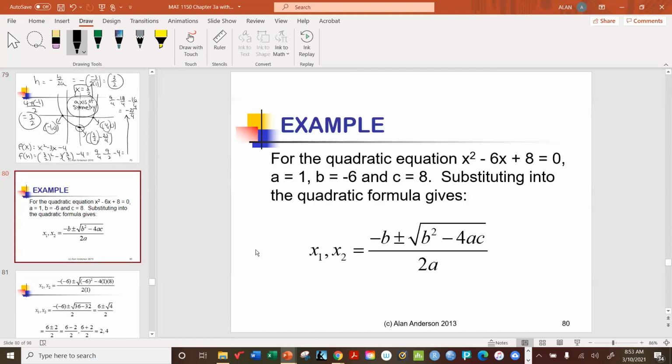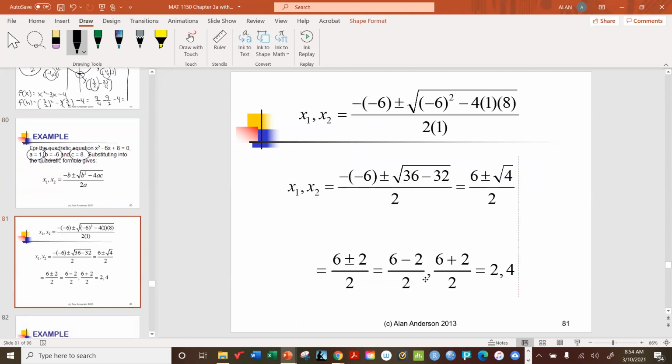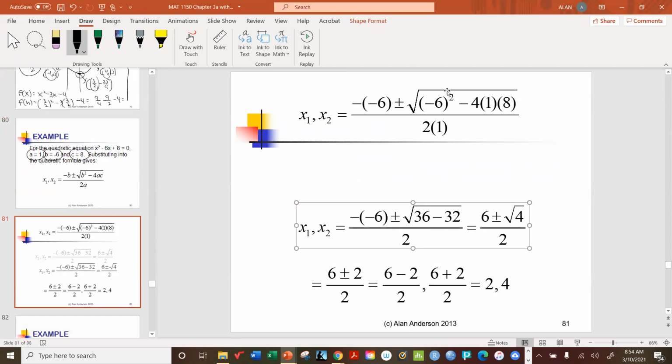Now, quadratic equation. Oh, this is another example. So this time we've got x squared minus 6x plus 8. So this time A is 1, B is -6, C is 8. So we plug in these numbers as we always do. Let me just move this to the next page so you can see what's going on.